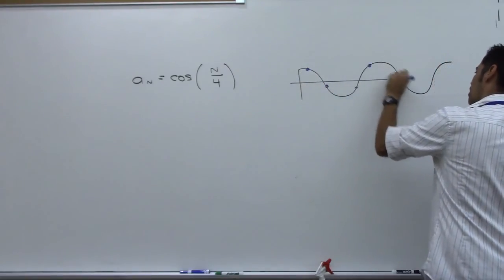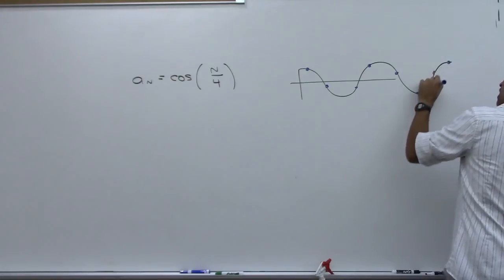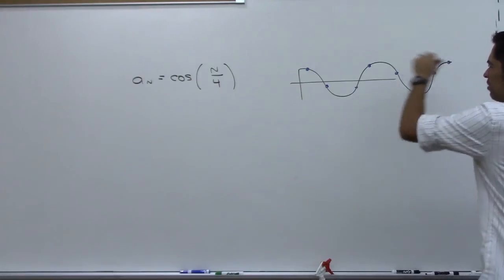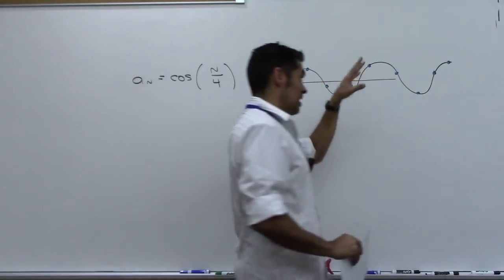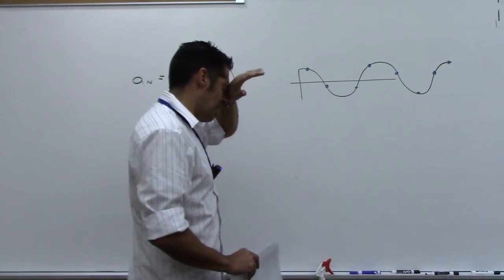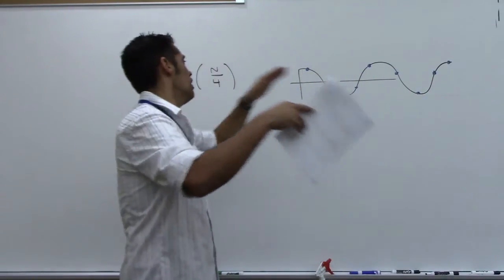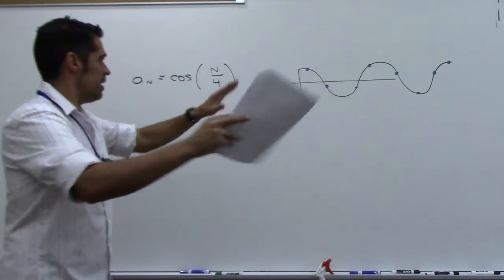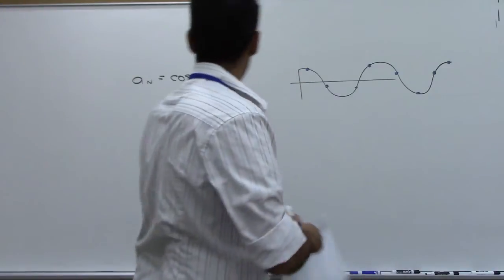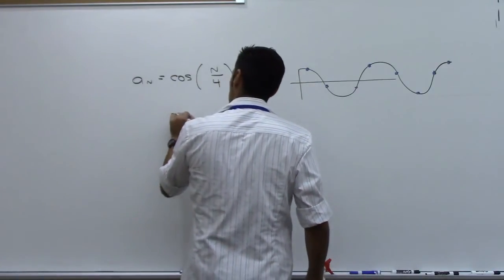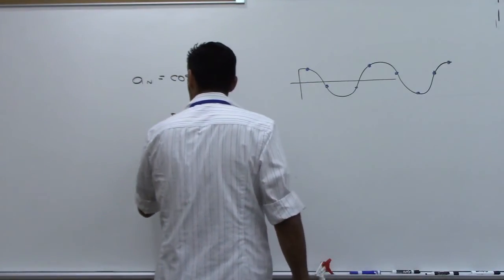I don't know where they are. They're all over the place. And as n goes to infinity, those dots are not going to any particular place. They're oscillating. They're hopping around all over the place. So you can't say it's going to 1. You can't say it's going to 0 or negative 1 because it keeps on jumping around. So this limit doesn't exist. We would say that that sequence diverges.